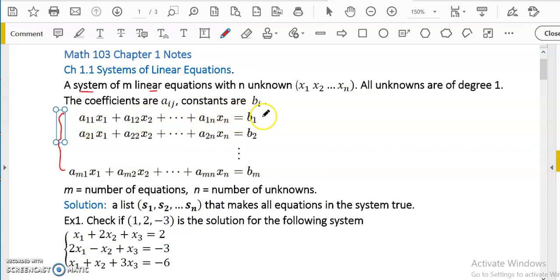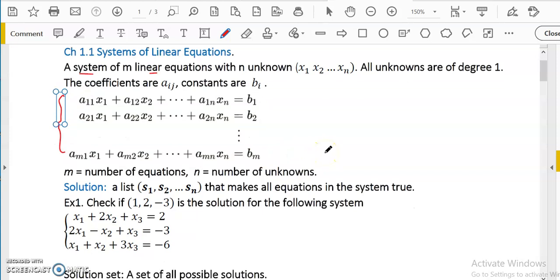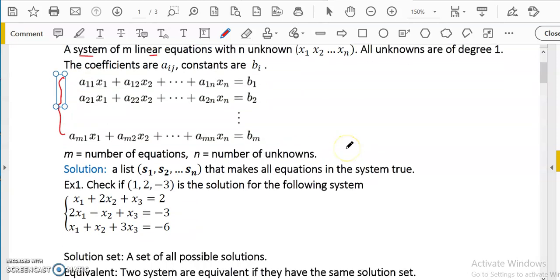You should be familiar with the fact that when we solve a system of equations, we try to arrange it so all the x1 is in the first column, x2 in the second column, xn in the last column, and then the constant terms b1 to bn are on the right hand side. So this is called a system. We use A to represent those coefficients, B to represent the constants. That's the convention.